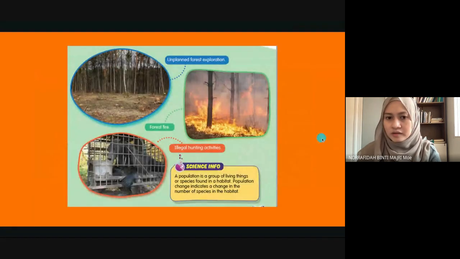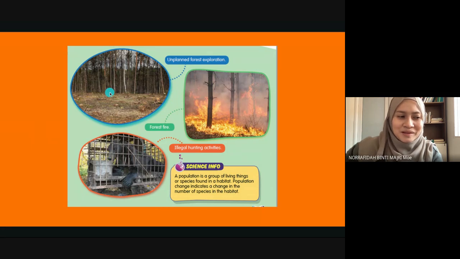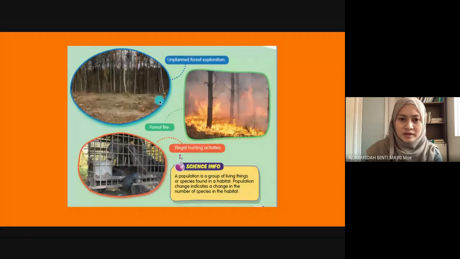For example, unplanned forest exploration, and then this is forest fire, bushfire I said just now, kebakaran hutan. Unplanned forest exploration ni ialah dalam BM, pembalakan. Dia nak buat pembangunan, mereka kena tebang pokok kan.